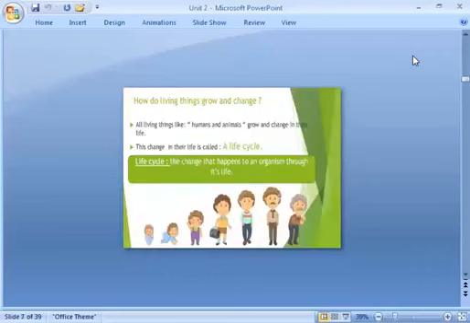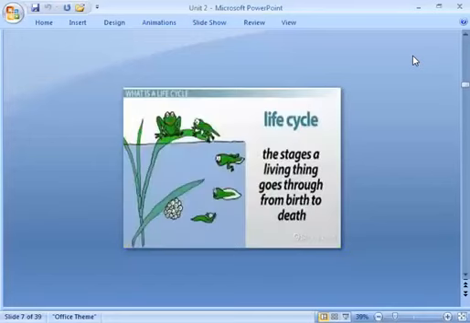Students, all living things like humans and animals grow or change in their life. This change in their life is called a life cycle. What is life cycle? The change that happens to organisms through its life. The stages a living thing goes through from birth to death.